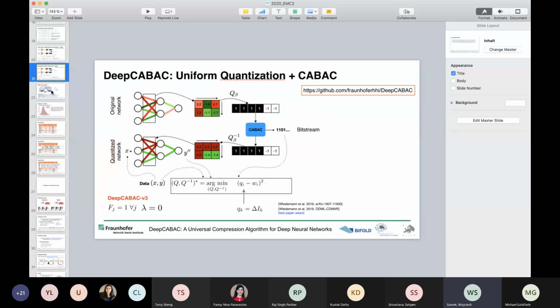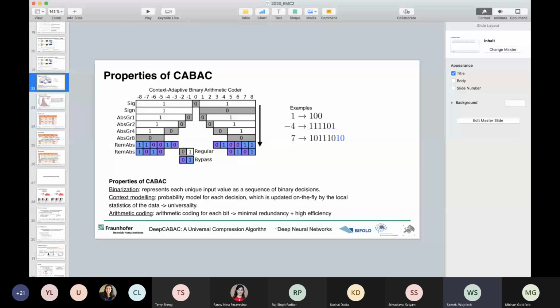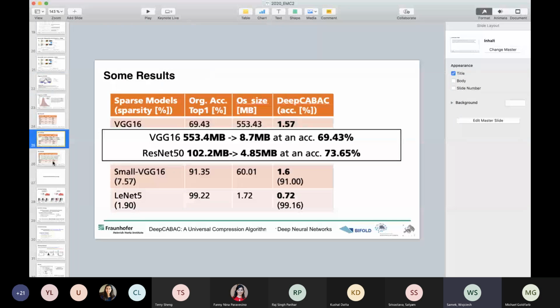So you have to change it and adapt it to the statistics of neural networks. You cannot just use the same method as for video coding out of the box. But as I said, due to this adaptivity and universality, it is a very powerful method to compress and encode neural networks.